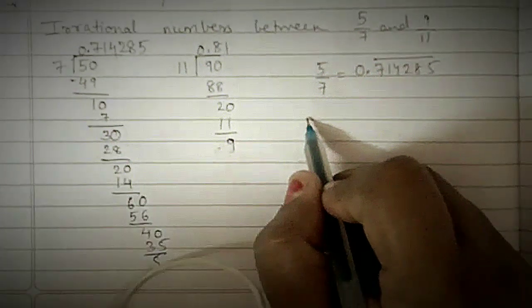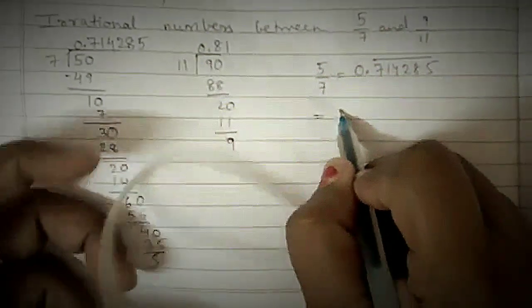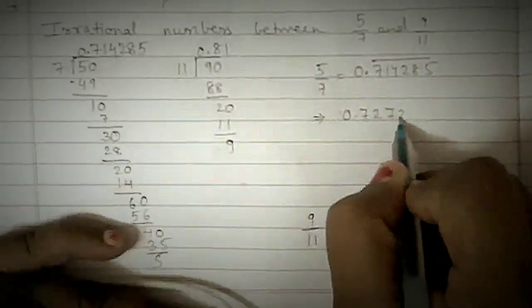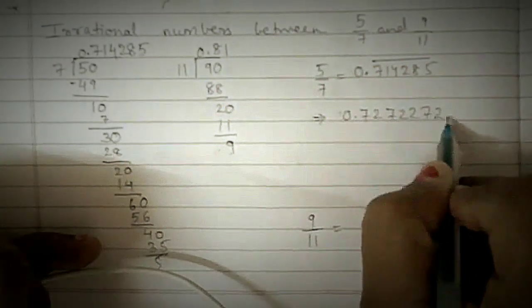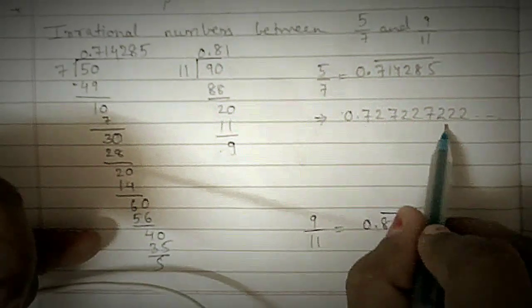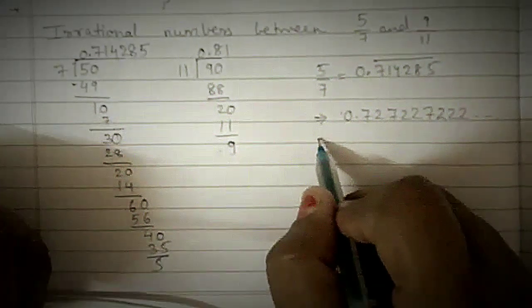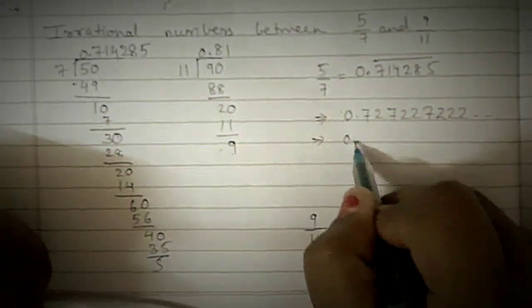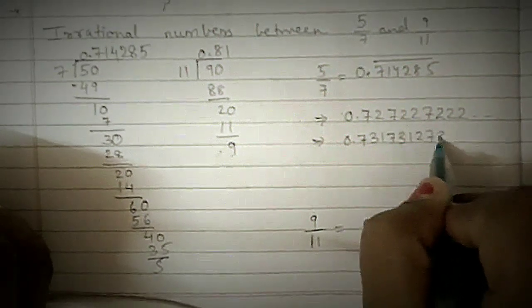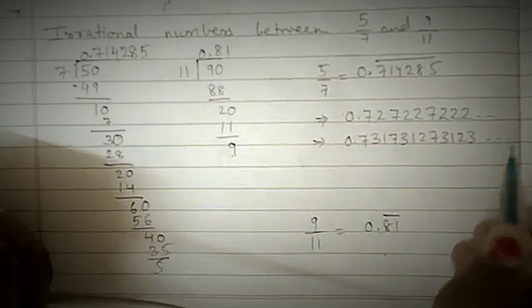Which kind of numbers? I'll explain to you. For example, if I write the first number as 0.72, 722, 7222 and so on, can you see that 7272 is not repeated, the same string is not repeated. In the same way you can also write 0.731, 7312, 73123 and so on.